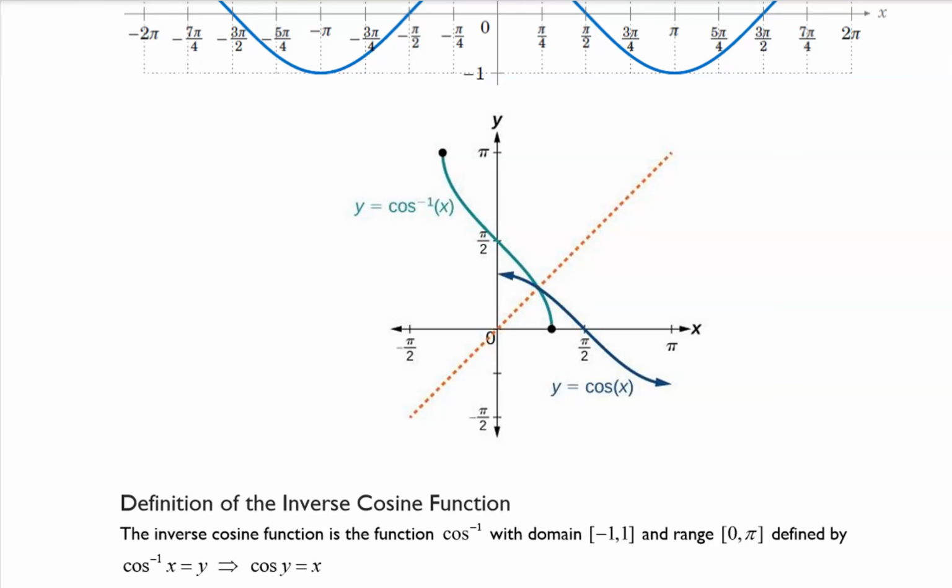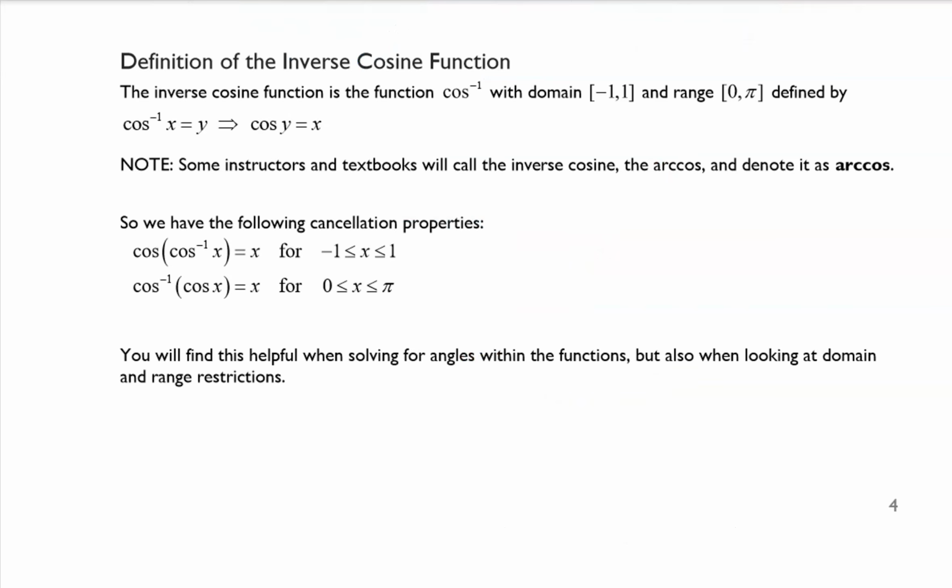Okay. So the inverse cosine function is the function cosine with a little -1 in the superscript, with domain between -1 and +1, and range between 0 and pi, defined by the equation cosine inverse of x is equal to y, implies that cosine of y is equal to x.